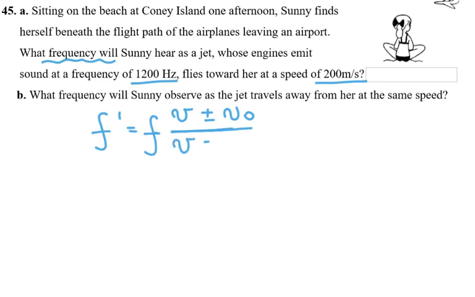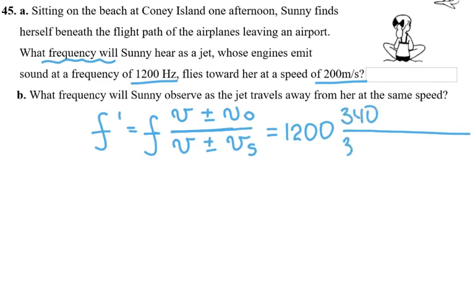The velocity of the sound again plus or minus the velocity of the source. So the frequency that is given is 1200. The velocity of the sound is not given, so I'm going to take 340 and 340. The source is moving, Sunny is not moving, so I don't have to say plus or minus 0. But the source is coming toward her.